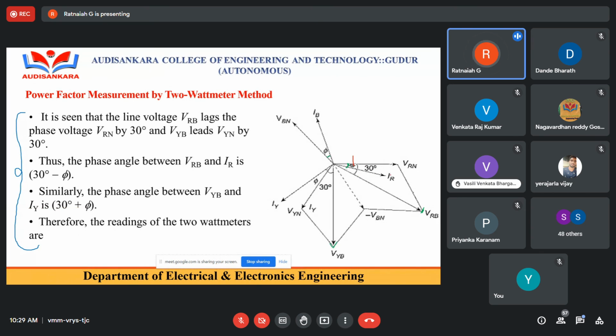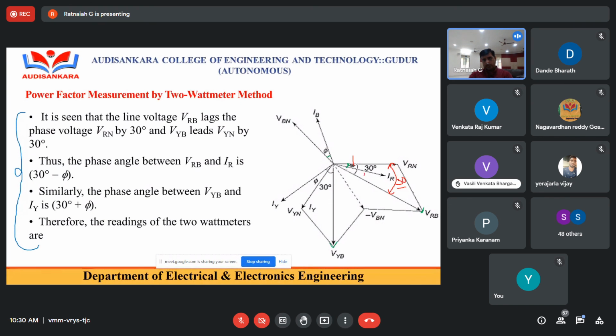Now, we already know that the angle between a line voltage and the phase voltage is always equal to 30 degrees. I'm right? This is 30 degrees because in the case of a balanced load, the line voltage always leads the phase voltage by 30 degrees. So the angle between VRN and VRB is nothing but 30 degrees.